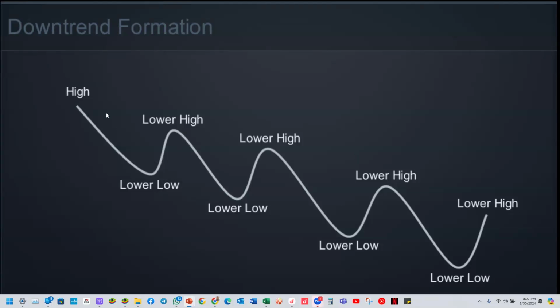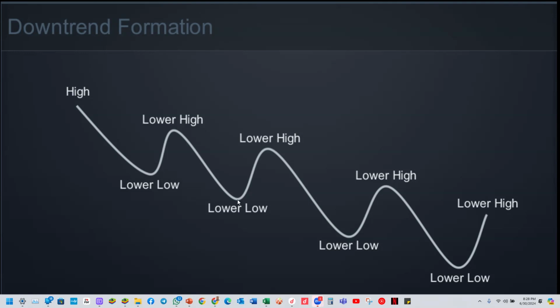Now, if this trend line says the market is in a downtrend, what you will notice is that every point in time you see the market attempting to come back to the trend line. And whenever it comes back to the trend line and gives you a candlestick formation around the trend line, the market will go back down. Because remember, this is a lower low. This is a lower low. This is a lower low. And I said that there's no magic that will bring this market up if this market is making lower lows.